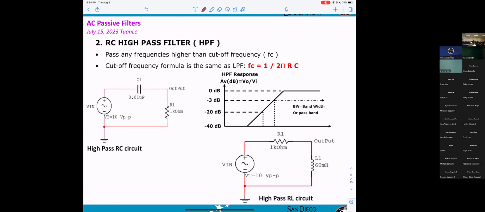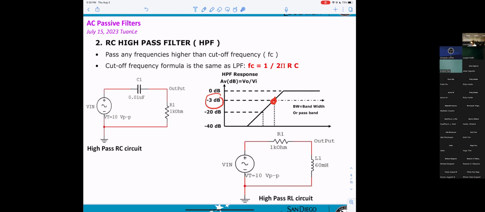This point here will be the cutoff frequency. How do we know? The output will be down minus 3 dB. When you look at that, you can see the gain equal to 1, which means you get no loss.